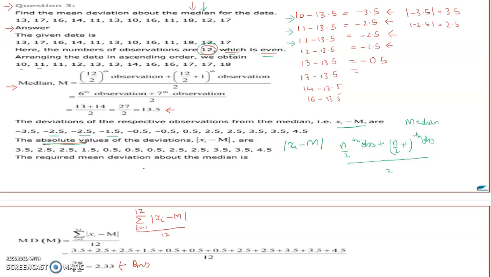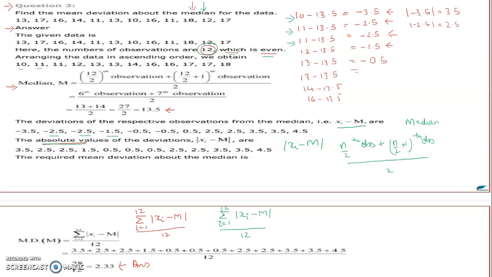Now the formula is summation. This m is always, remember, median. So the formula to calculate mean deviation about median is summation i equal to 1 to n, mod of xi minus m, divided by the number of observations n, which is 12.